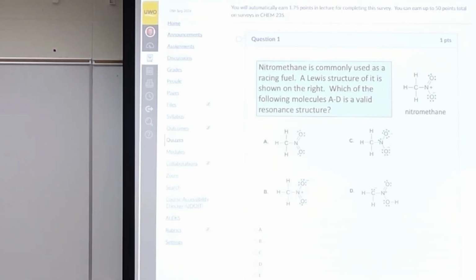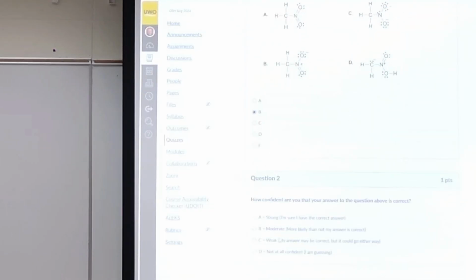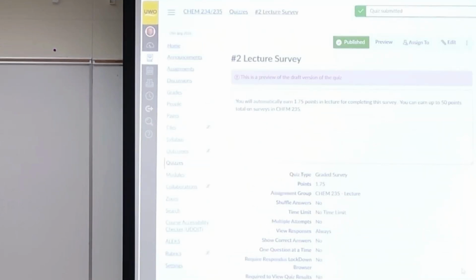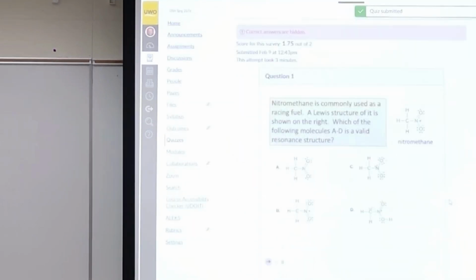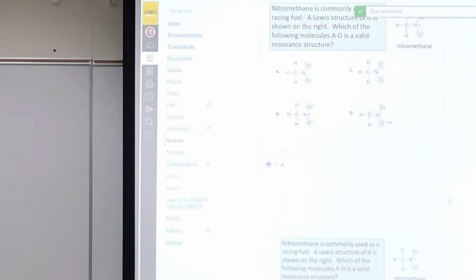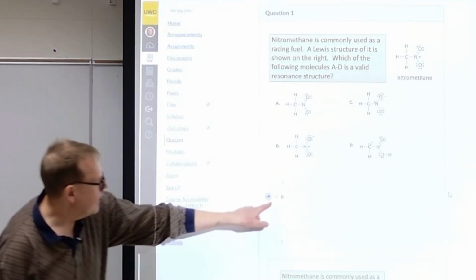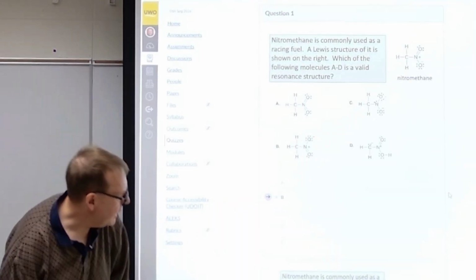If you select B and hit, and then there's the question of what confidence you have in your answer, I'm going to hit strong. I'll submit this quiz. What you get for feedback is an explanation that tells you what the right answer is. The right answer is B, and that's what is being indicated here.